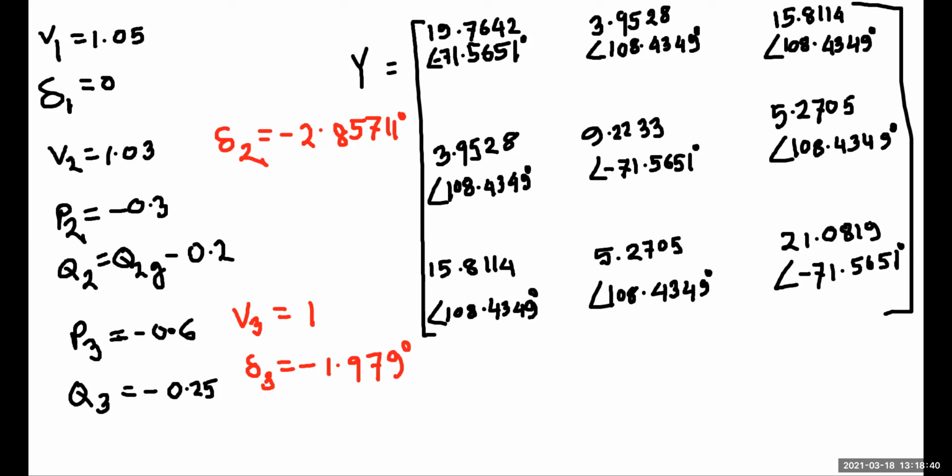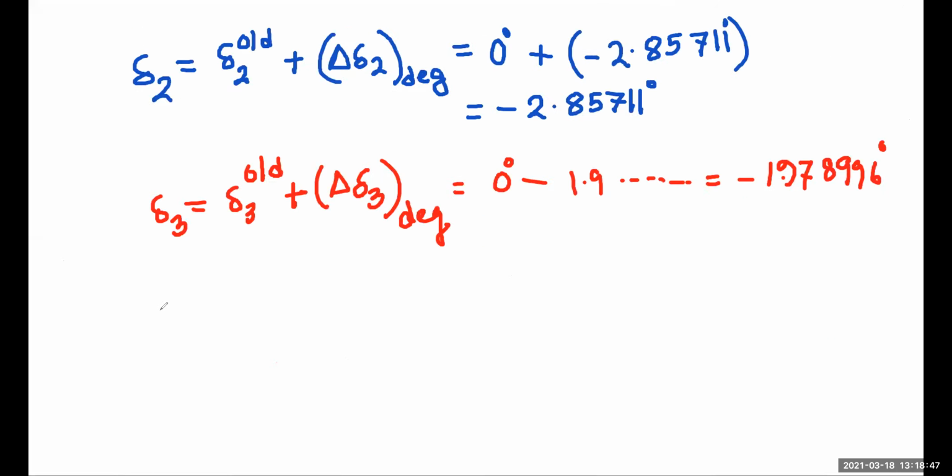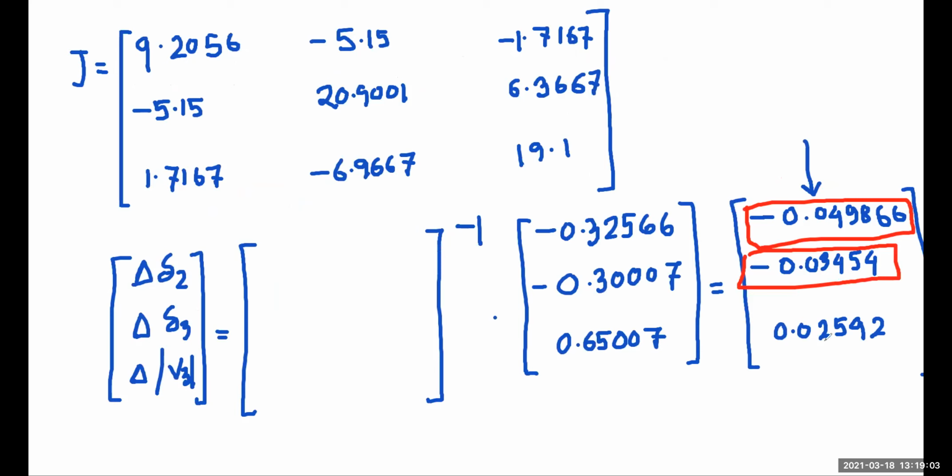Now our V3. The previous value is 1, remember. So our V3 is old plus del V3. So how much you got? 0.029 or 0.024? Which one? Maybe 4, right? Or 9? 9.